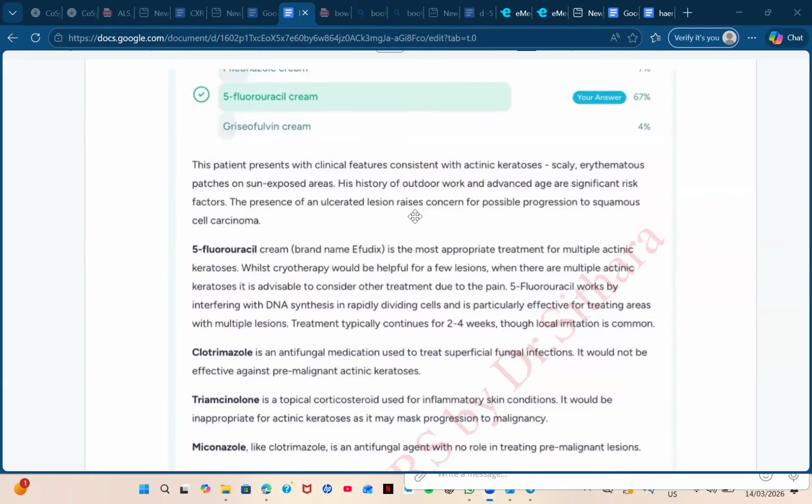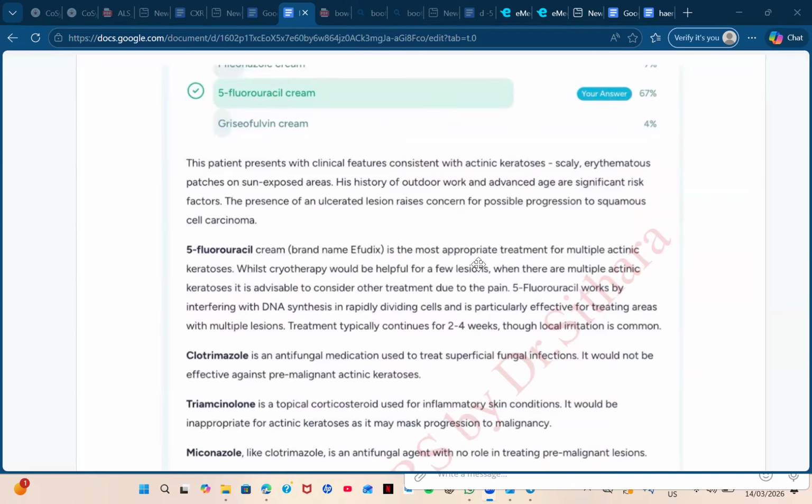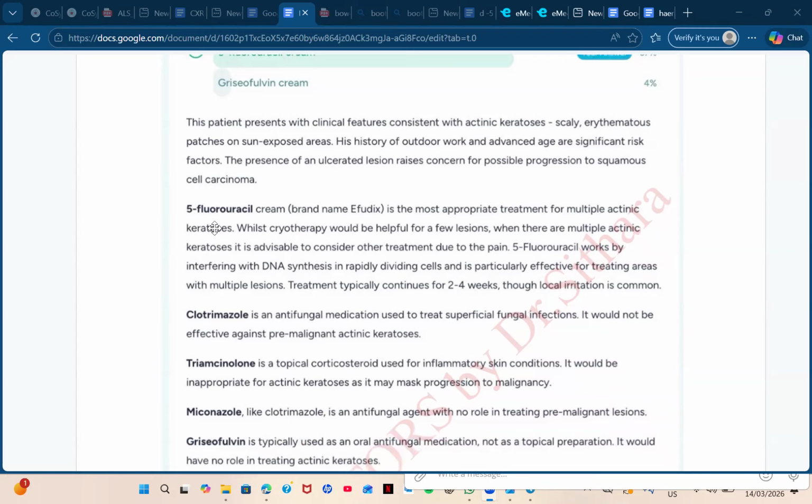Yeah, don't worry. The patient presents with clinical features consistent with actinic keratosis, scaly erythematous patches on sun-exposed areas. His history of outdoor work and advanced age are significant risk factors. The presence of an ulcerated lesion raises concern for possible progression to squamous cell carcinoma. 5-fluorouracil cream is the most appropriate treatment for multiple actinic keratosis, while cryotherapy would be helpful for few lesions.